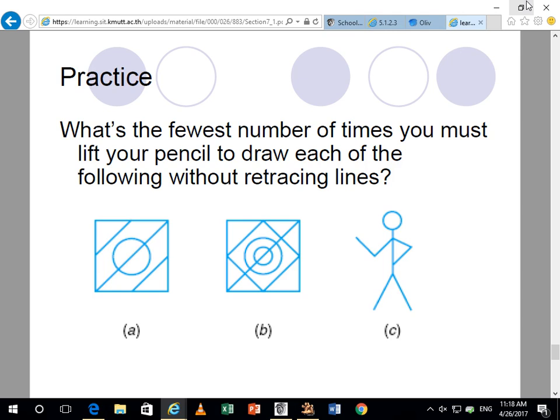Without retracing lines, no. You cannot go back. So each one has to be a trail. You cannot repeat the edge. Each one has to be a trail. So right now the ladies has 3. Can you do less than 2 times lifting your hand? Can you do less than that?